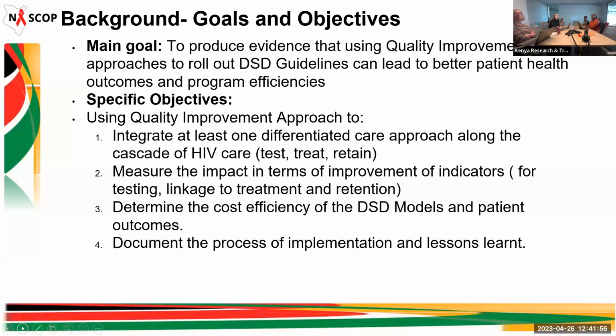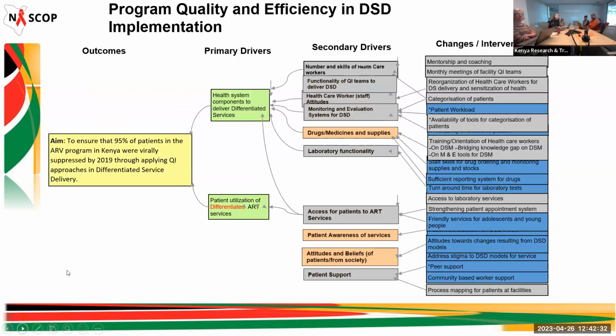More specifically, we're interested to showcase that you could actually use quality improvement to integrate at least one differentiated care approach along the cascade of HIV care, so right from testing all through to retention and suppression, and also measure the impact in terms of quality improvement indicators across the cascade, and determine the cost efficiency for DSD models and patient outcomes, and then also specifically be able to document the process of implementing and lessons learned for the purposes of replication of what was going on.